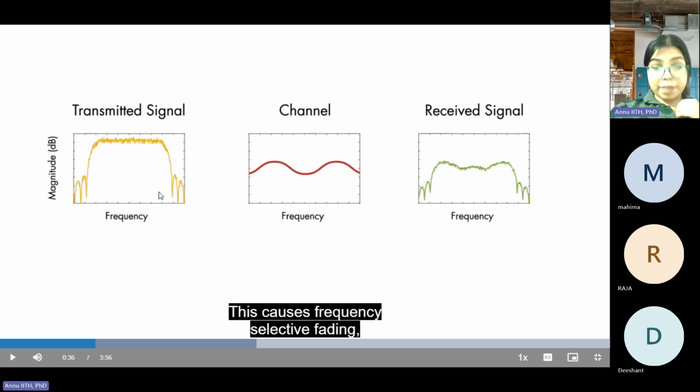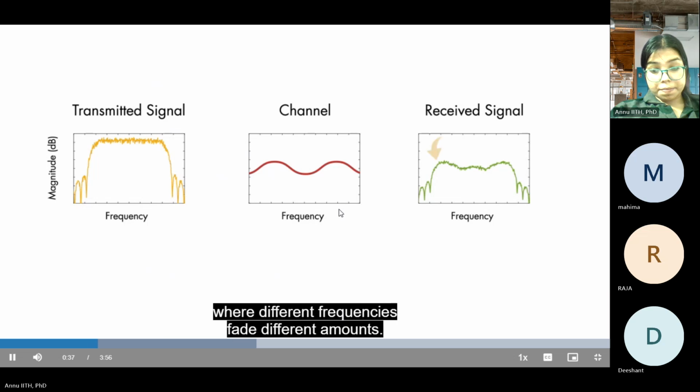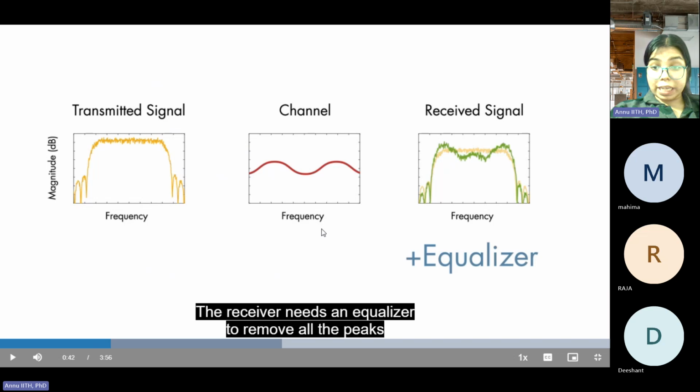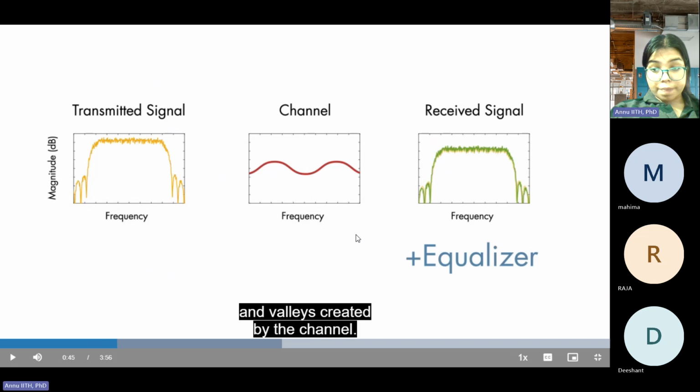And this causes frequency selective fading, where the channel response varies with respect to frequency, and different frequencies face different amounts of gain. Now, with a multipath channel, we need an equalizer at the receiver to remove all the peaks and valleys created by the channel.